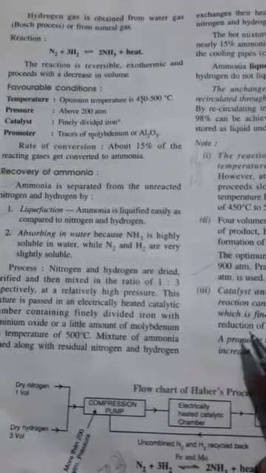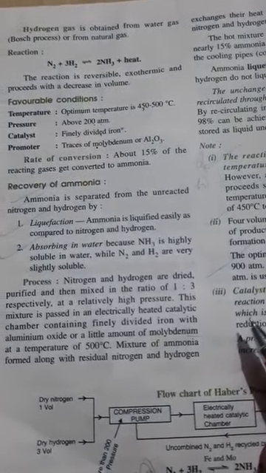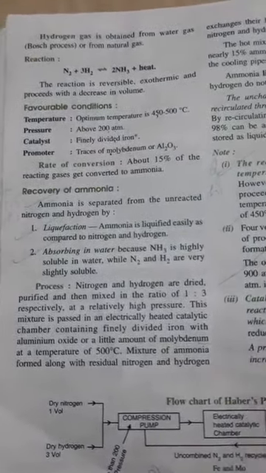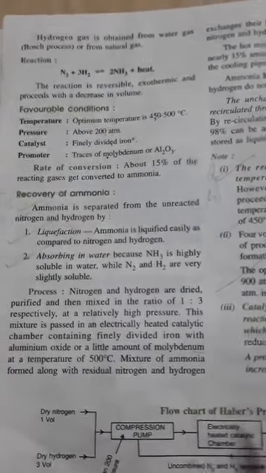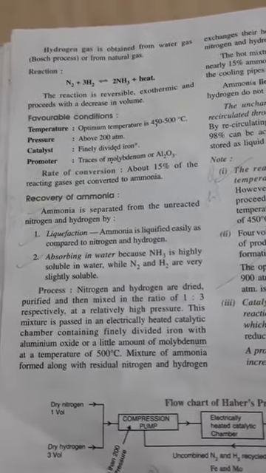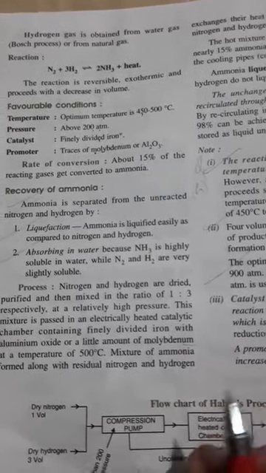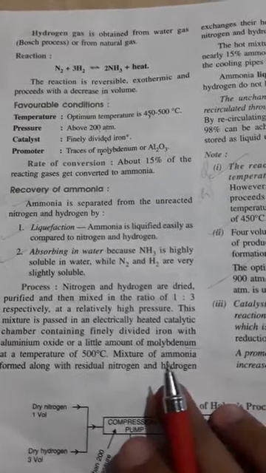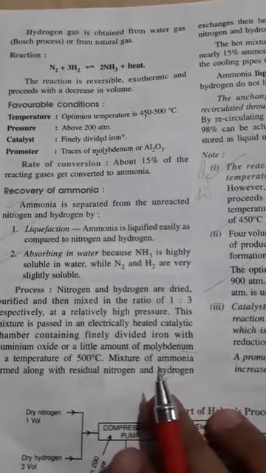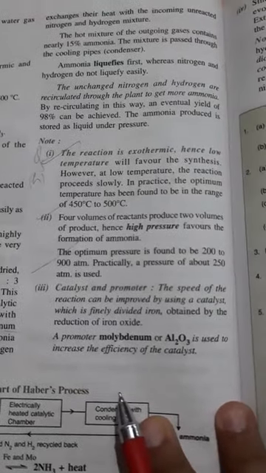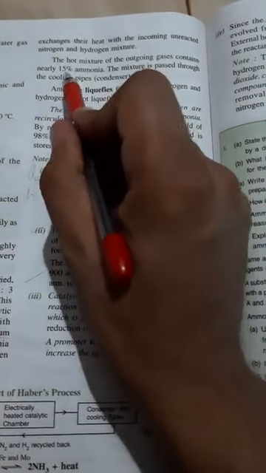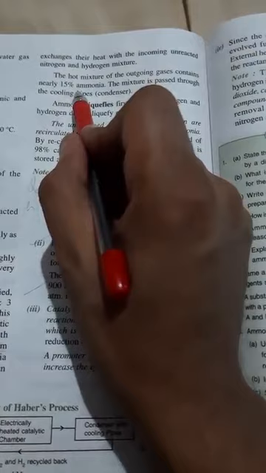Recovery of ammonia, as I already explained the process and how much volume you take at the start of the reaction. When I wrote in the copy I explained, so we will not go into this topic again. Try to read this topic from your books, Hannah, and the 15% which I am talking about is already written here.